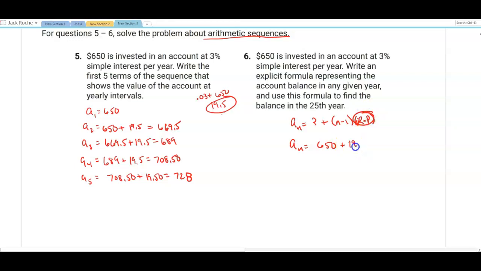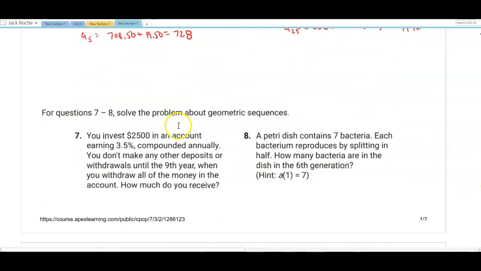We said that was $19.50 over here times n minus 1. And if we want to find 25 years, A sub 25, 650 plus 19.50 times 25 minus 1, which is 24. And if you evaluate that, you would get $1,118. Okay.